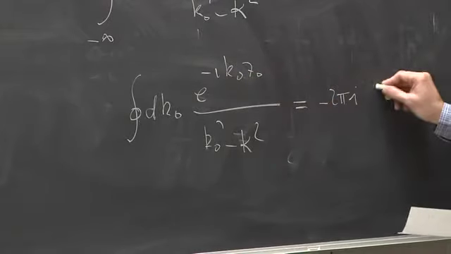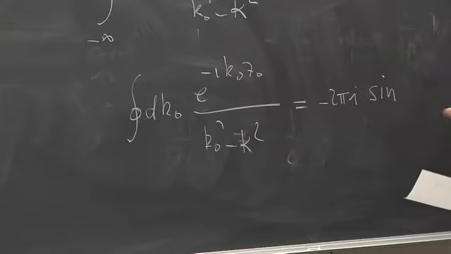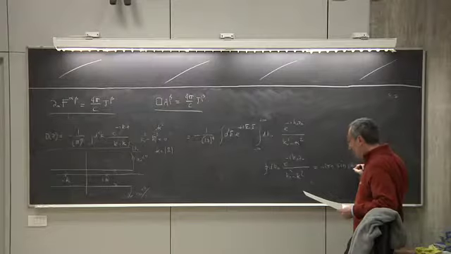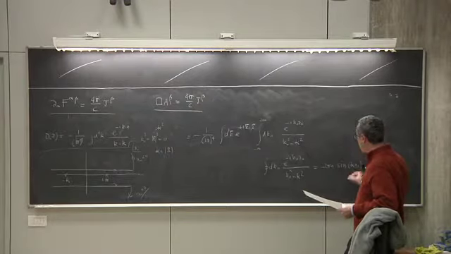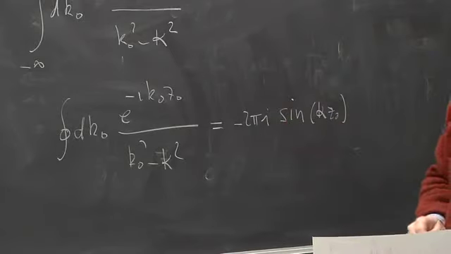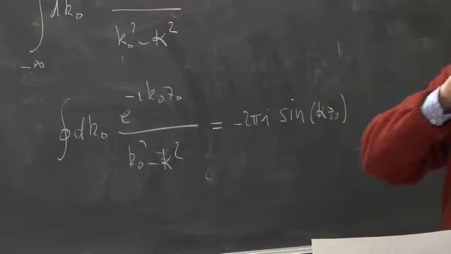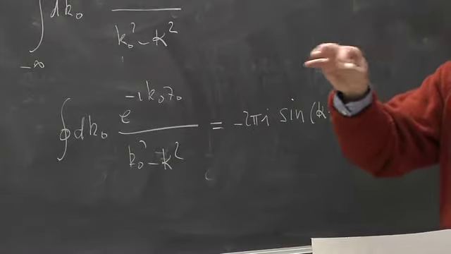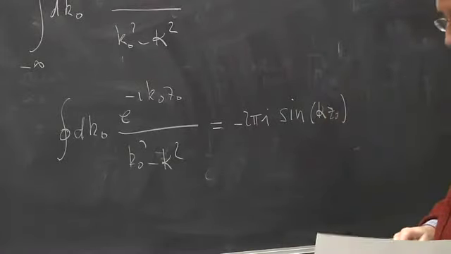So it's essentially the sine of kappa z naught. You remember that the sine of z is e to the iz minus e to the minus iz, so you get this.